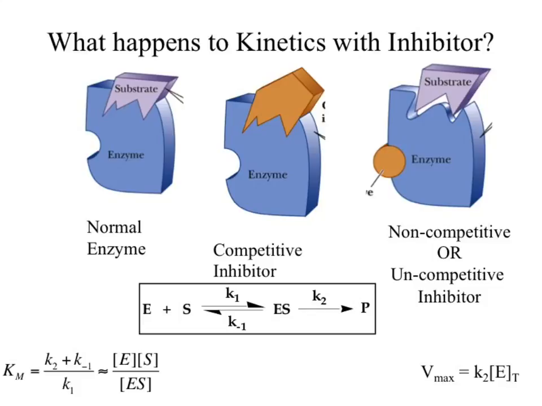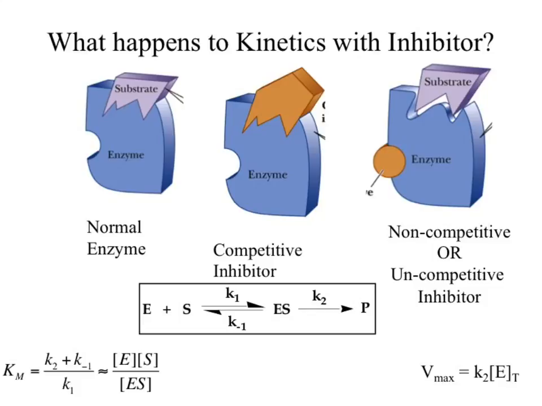Vmax is when your substrate concentration is ridiculously high. So what happens when your substrate concentration gets so ridiculously high that it outcompetes the inhibitor? What happens to the effective ability of the inhibitor to inhibit the reaction? It goes down.